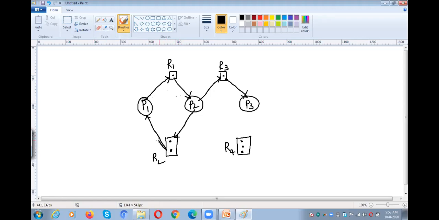One instance is assigned to P1 and P2 is requesting for another resource. So there is no need of forming a loop here. Loop is not formed here, because there are two instances available.